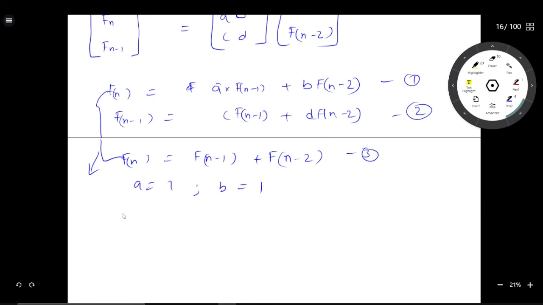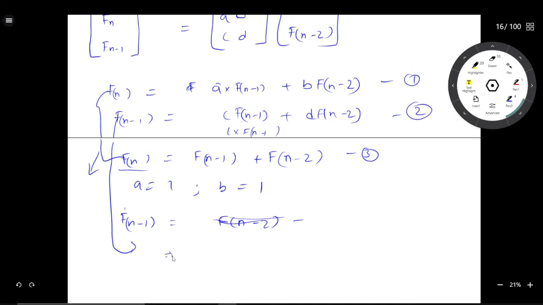And from the property of Fibonacci numbers, f(n-1) is simply 1 times f(n-1).